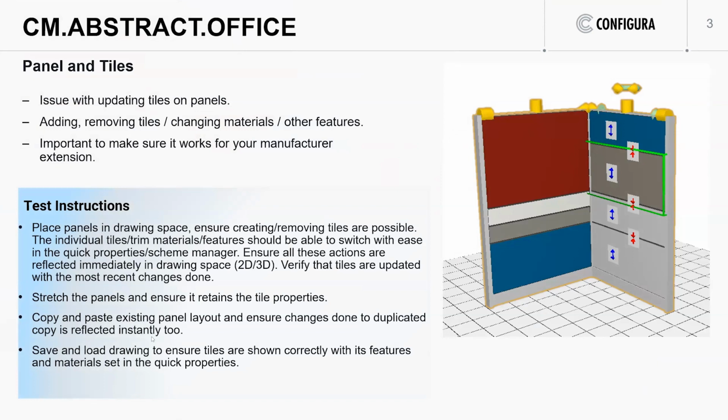When you copy and paste the existing panel layouts, it should duplicate what it has. For example, if you have a red panel and you duplicate, whatever tiles are shown should be duplicated as well. Okay, thanks, Prakash.